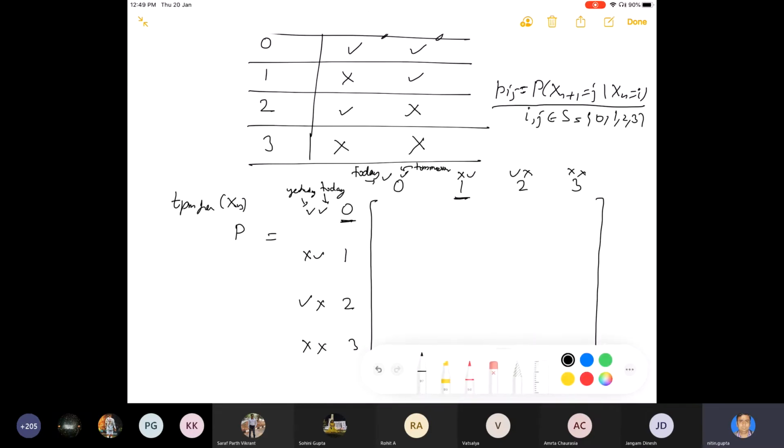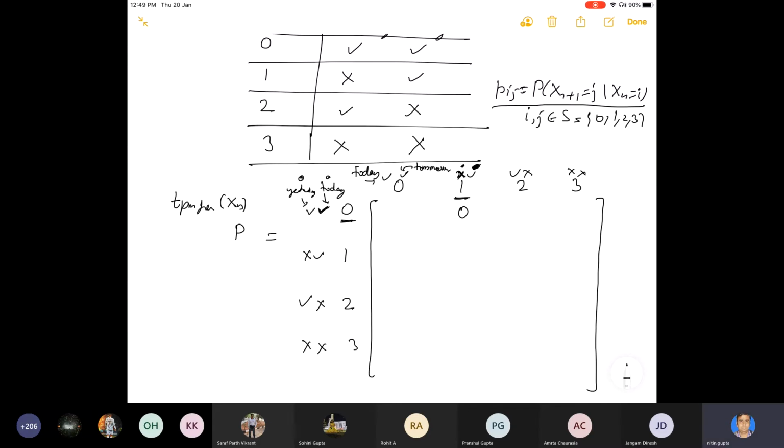It is asking the probability that it is raining tomorrow, given that it is raining today and raining yesterday. But that is not possible, because one way today is not raining and the other way today it is raining, so that is basically 0.